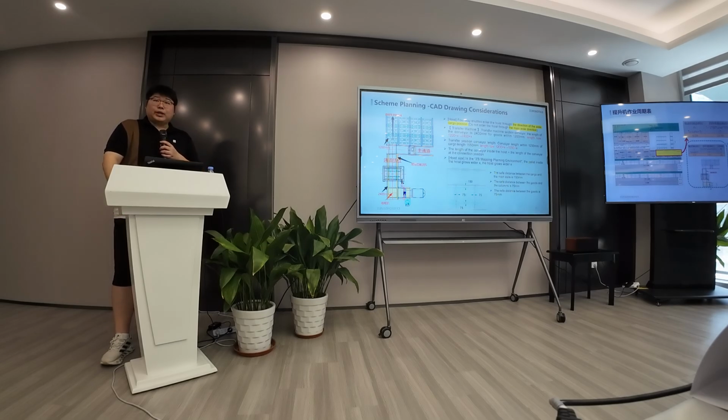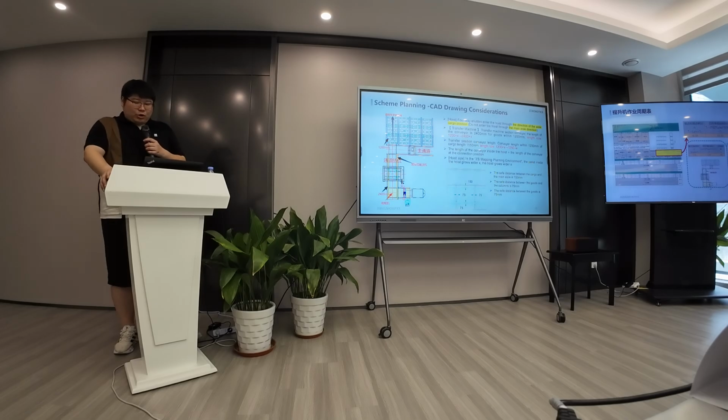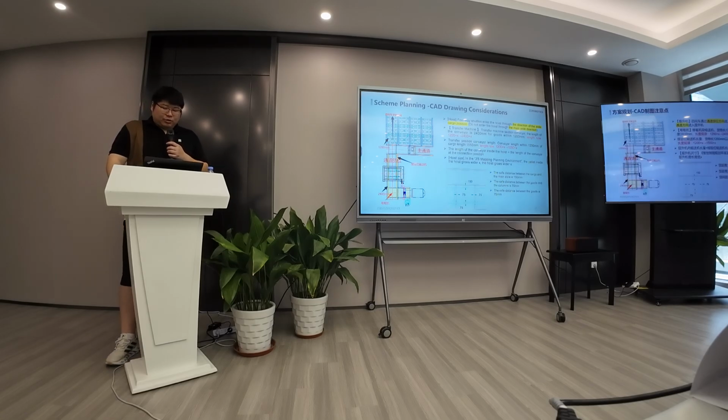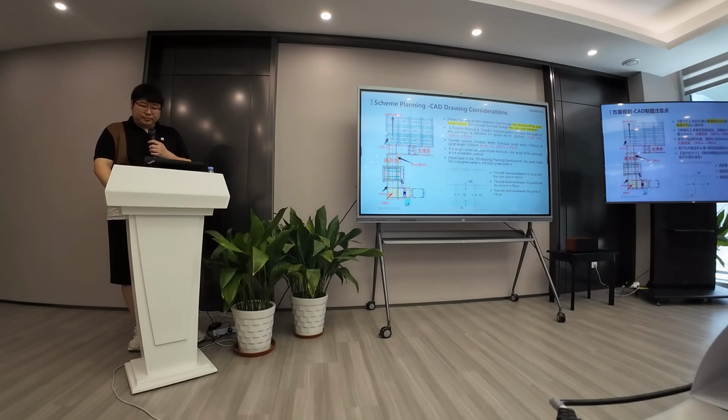Let's take a look at this. First, the orientation of the hoist must be from the direction of the aisle cargo positioning to enter the hoist. That means our shuttle can only go into our hoist in the sub end.